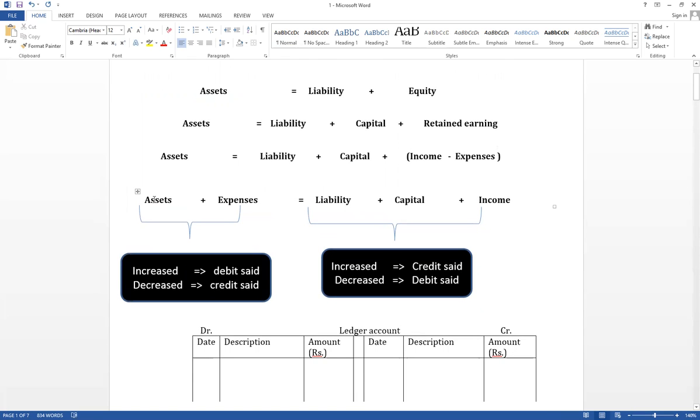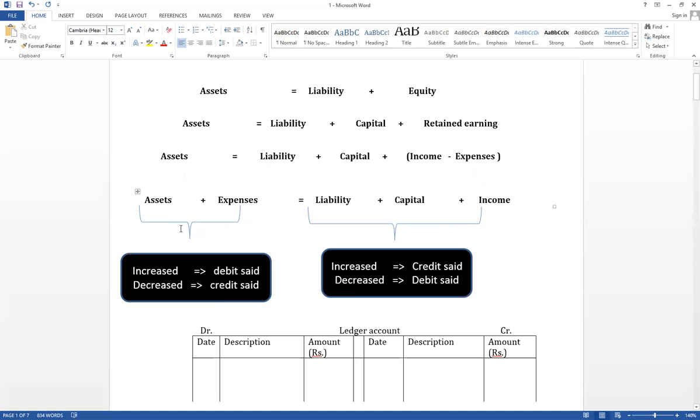Try to recognize assets, liability, income, expense, and equity. Then think about the effect, increase or decrease. If asset and expense increase, those should be recorded on the debit side. If asset and expense decrease, those should be recorded on the credit side. First, recognize which element changes. Then think increase or decrease. Then apply this theory.